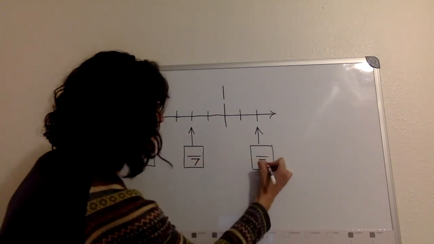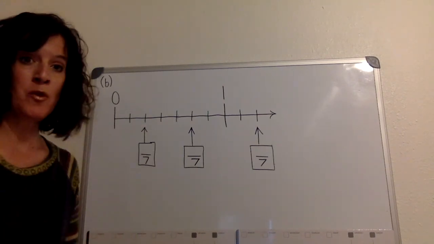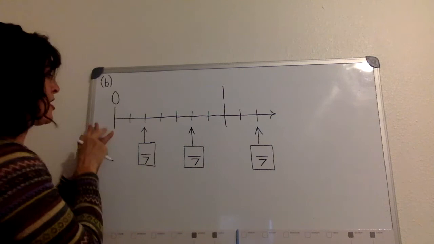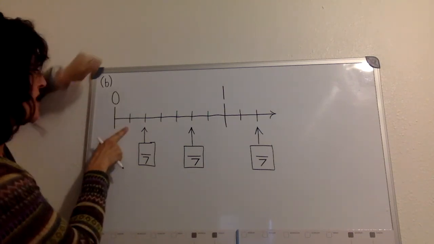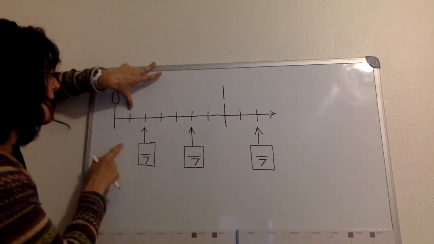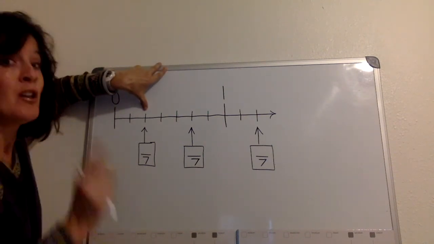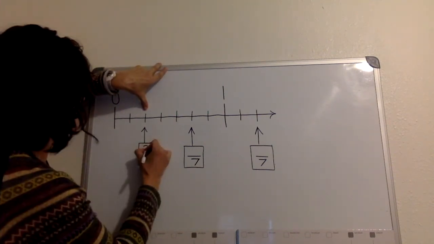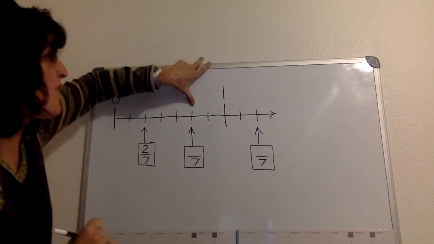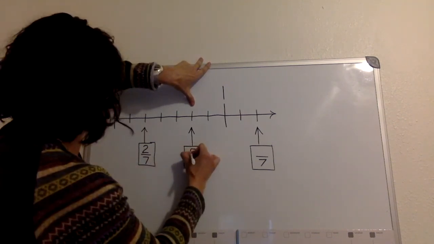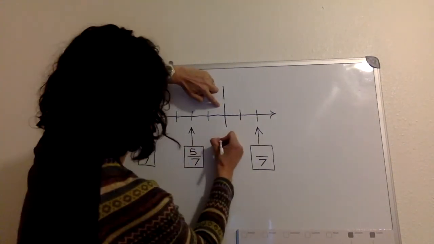You can fill those in right now if you'd like. Okay? Now we're going to move on to our numerators. Let's go ahead and start with 0 and figure out each of our fractions. So if I were to land on the first tick mark, it would be 1, 1/7. 2, 2/7. 3/7, 4/7. 5/7. 6/7, and 7/7.